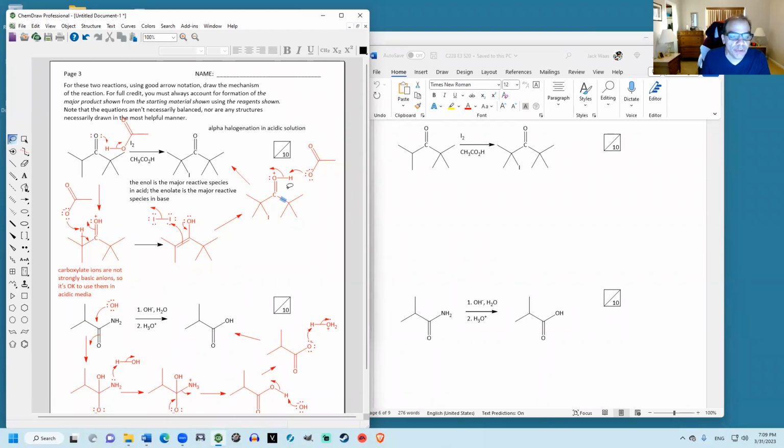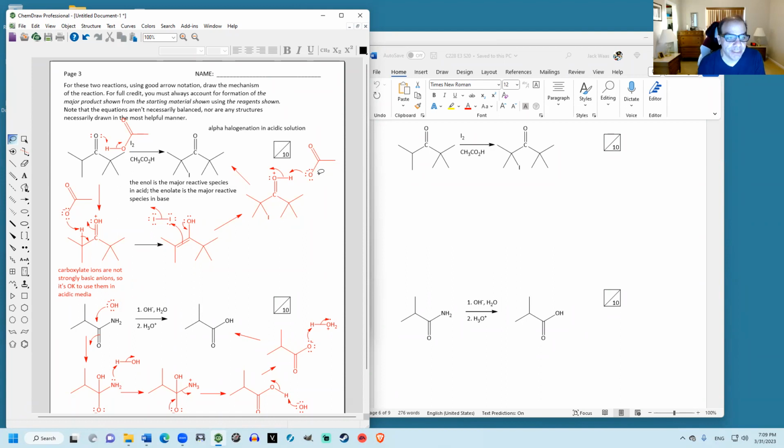And then all we need to do is deprotonate this species. We'll use an acetate ion, which is going to be present in some quantity in acetic acid. Again, acetate ion is okay in acidic solution. It's not a strongly basic anion. Acetate is fine. CH3O- is not fine. EtO- is not fine.